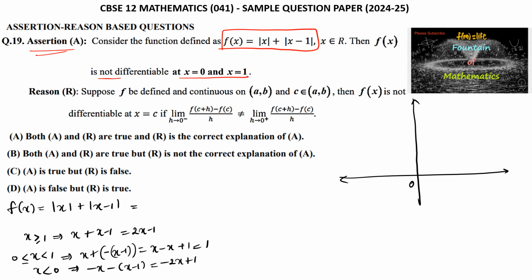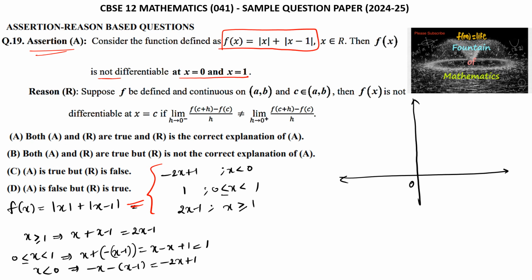So we can define the function as, whenever x is less than 0, the graph is minus 2x plus 1, and when x lies between 0 and 1, it's a constant function 1, and when x is greater than or equal to 1, we can say the graph is 2x minus 1.